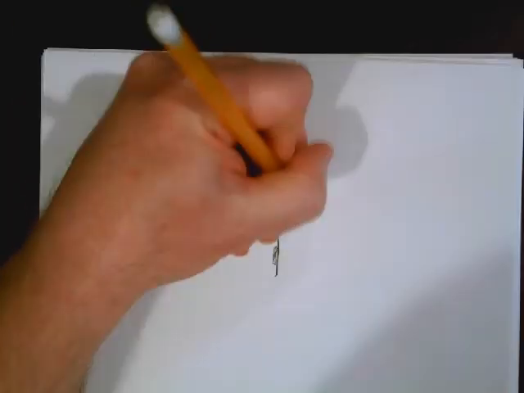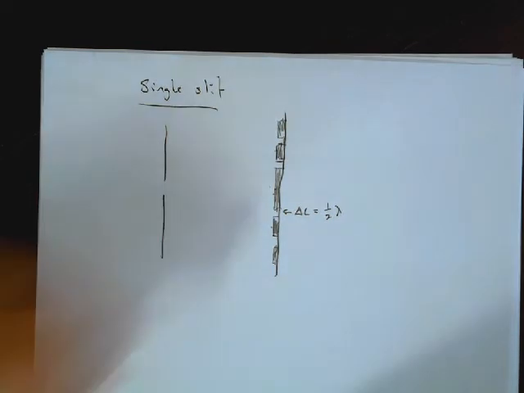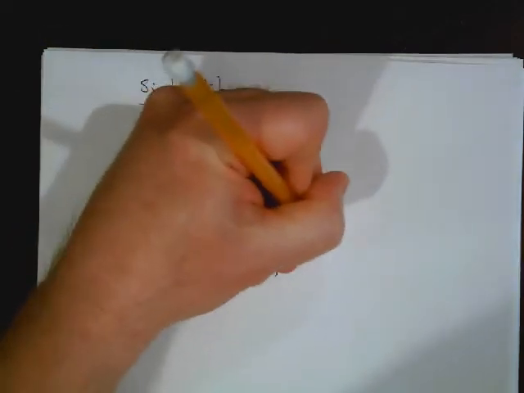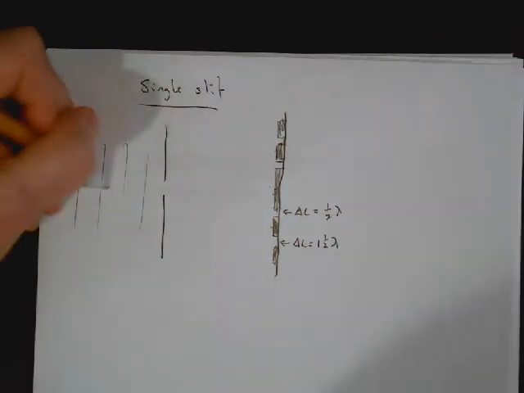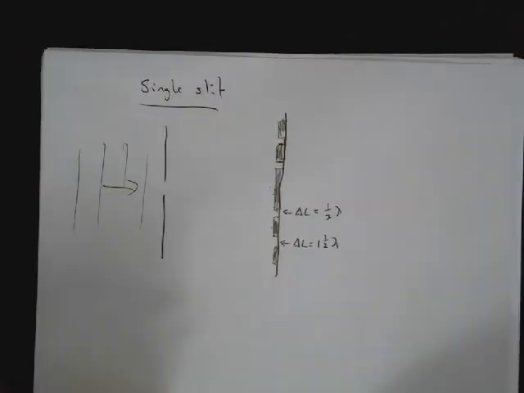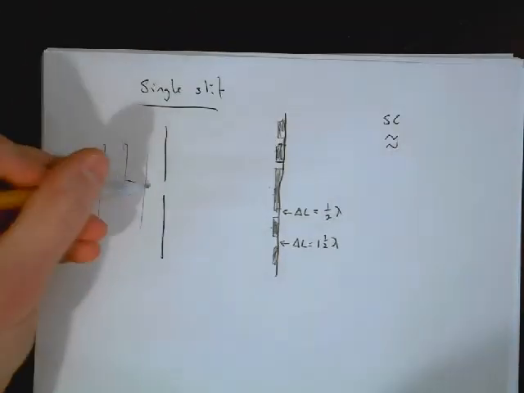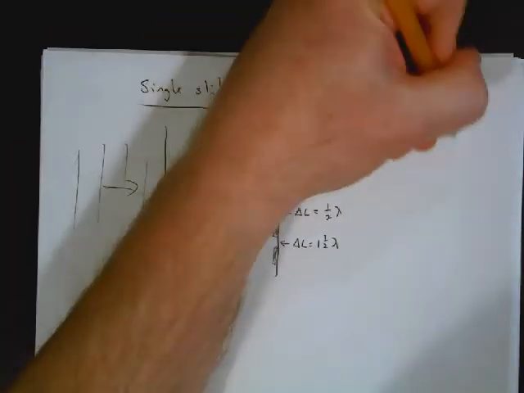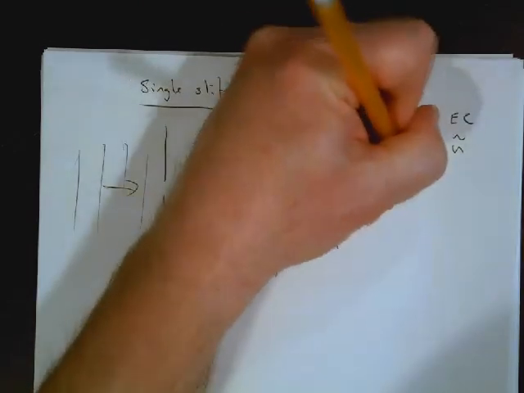So like this right here, your path difference would be off by a half a wavelength. Okay, your path difference here would be off by 1.5 wavelengths. So again, if I have my waves coming in, my starting condition is in phase because the same waves are here, and then my ending condition would be out of phase.